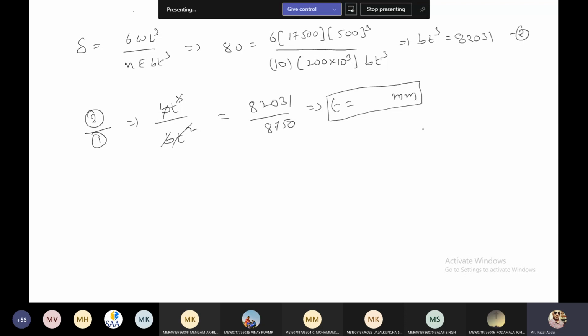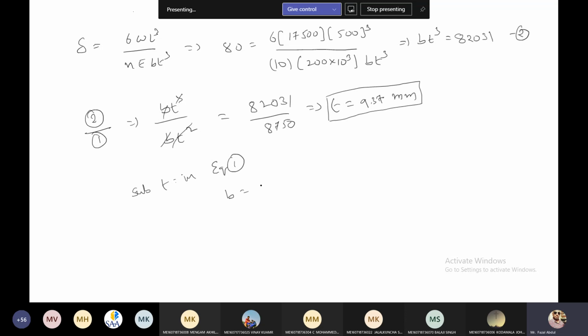How much is T? 9.37. Very good. Now substitute the T value in equation 1.